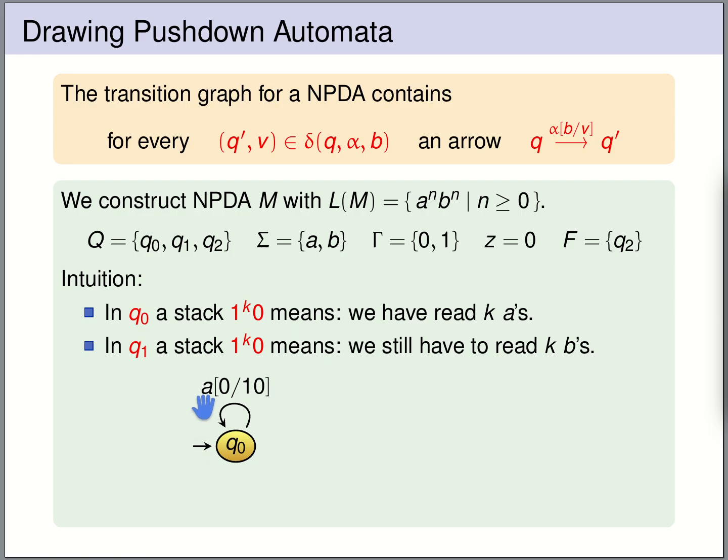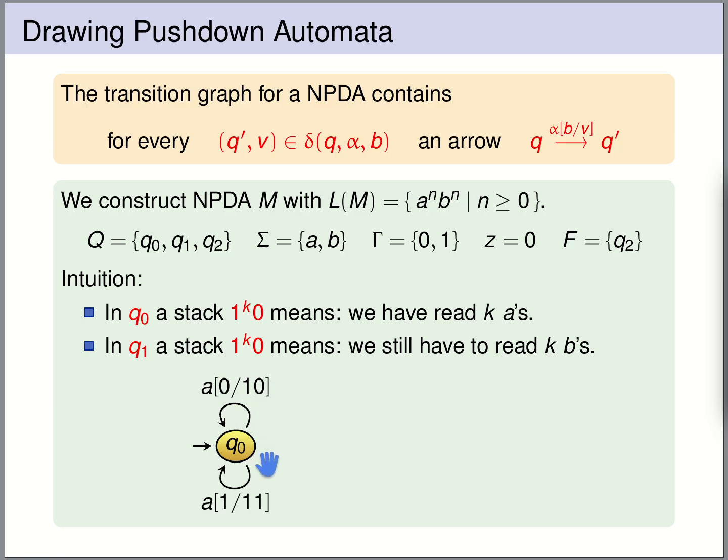It says if we read an a, and if there's a 0 on the stack, then we replace the 0 by 10. So that basically means we leave the 0 on the stack and we add a 1 on top. Now, after having taken this transition, there's no longer a 0 on the top, now there's a 1 on the top. So we need one more transition on our state Q0.